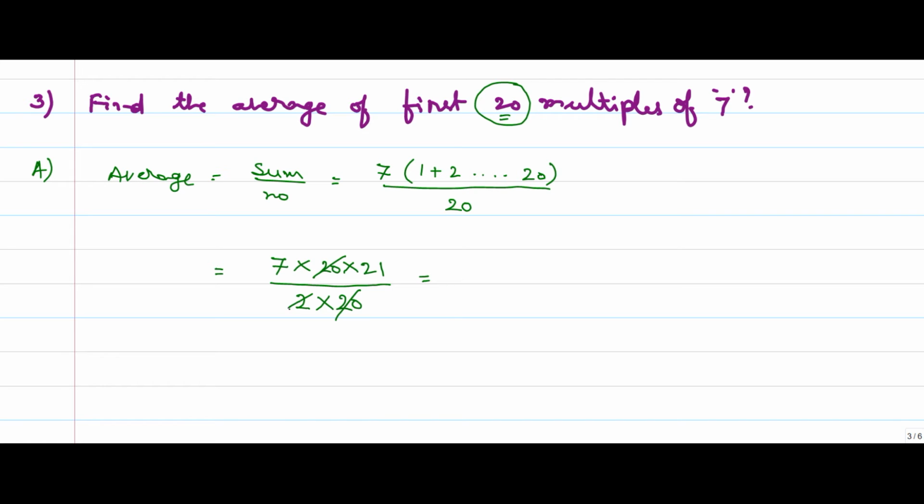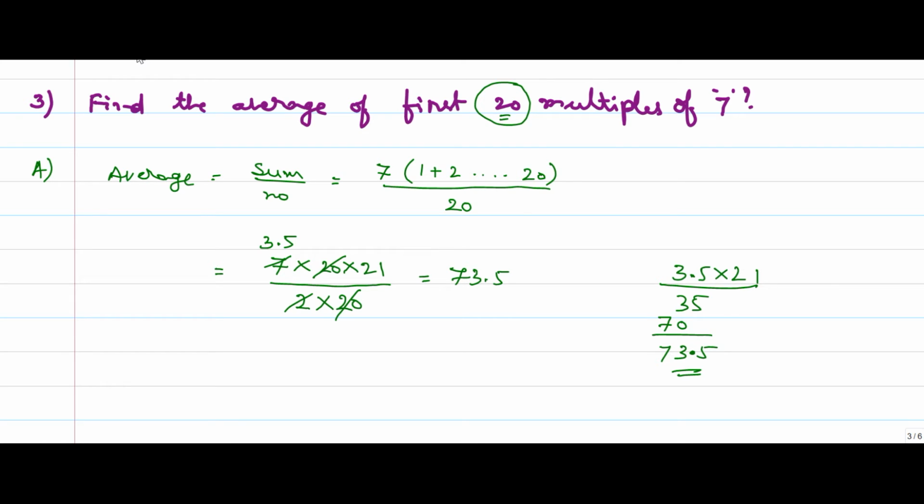This 7 will go in 3.5 times. So it will be 3.5 into 21, which gives 73.5, with only one decimal point. So the answer would be 73.5.